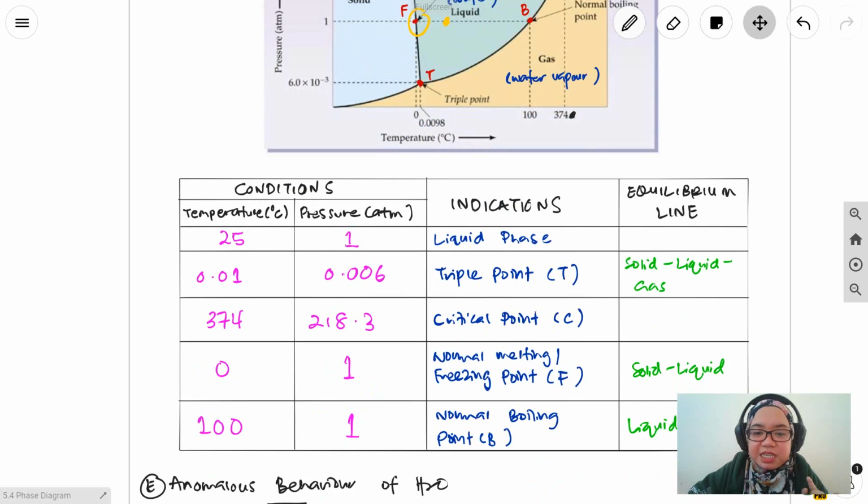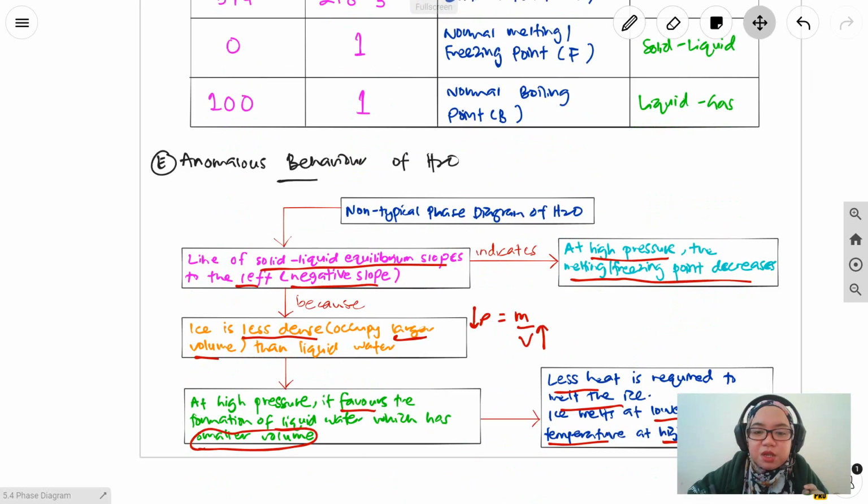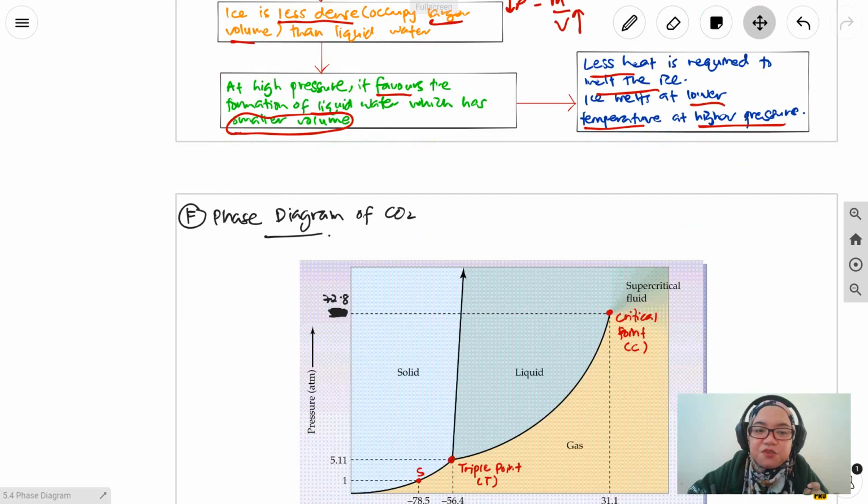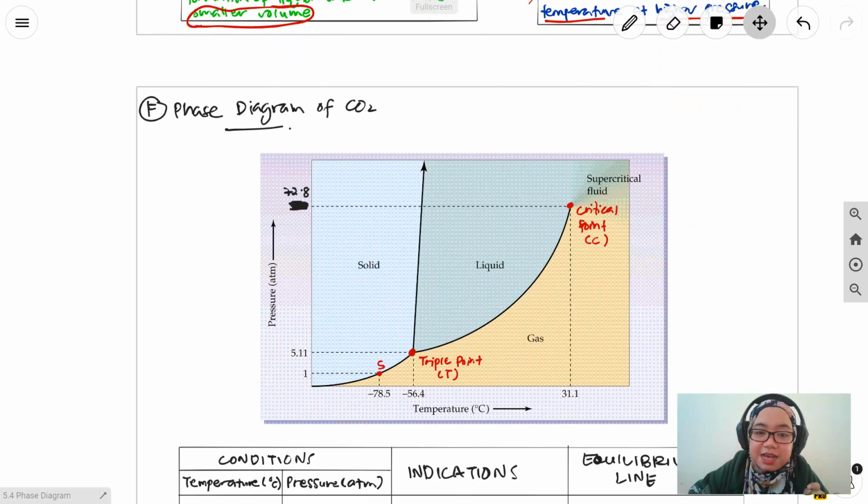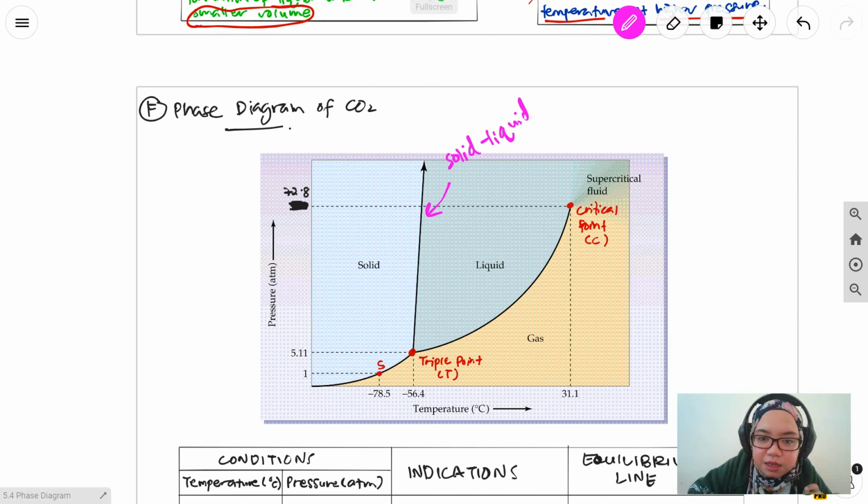untuk part water ni. So now we are going to look at the phase diagram of carbon dioxide. Okay, so phase diagram of carbon dioxide, dia ada positive slope. Kalau kita tengok dia punya solid liquid equilibrium line, dia adalah positive slope.